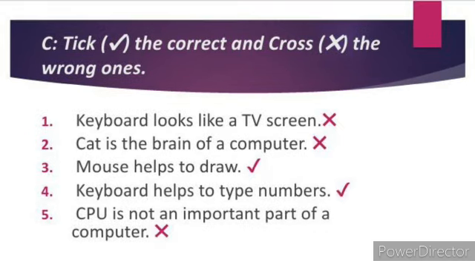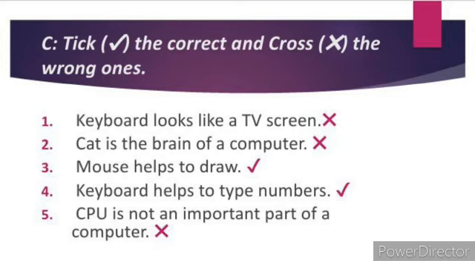And here are the answers. And number 1 is, keyboard looks like a TV screen. Cross. Number 2 is, cat is the brain of a computer. Cross. Number 3 is, mouse helps to draw. Tick.